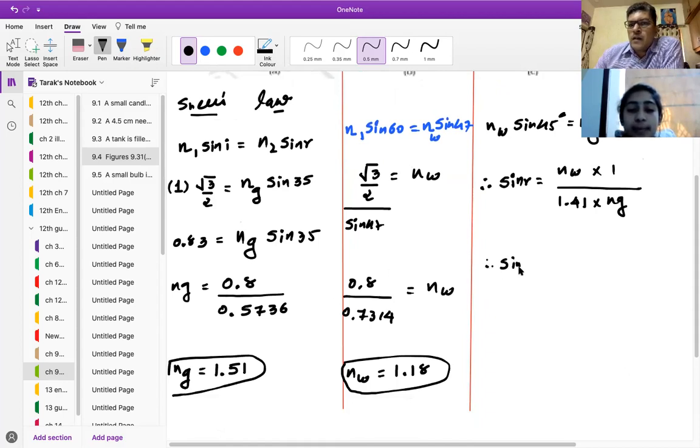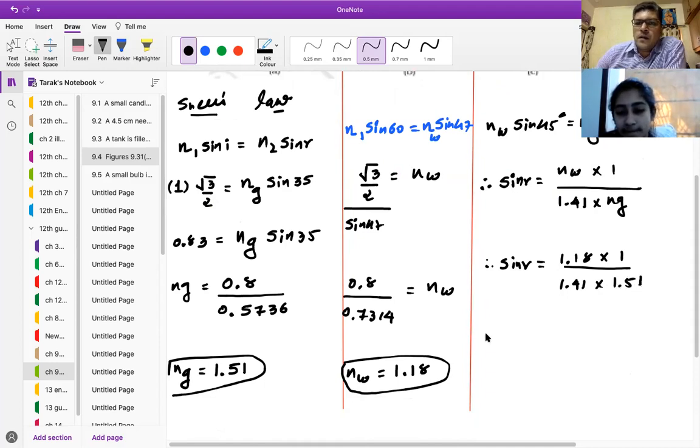So I will have sine r equals n of w, which is 1.18, multiplied by 1.41, divided by n of g, which is 1.51. Let me see that value with the calculator. 1.18 multiplied by 1.41 divided by 1.51.